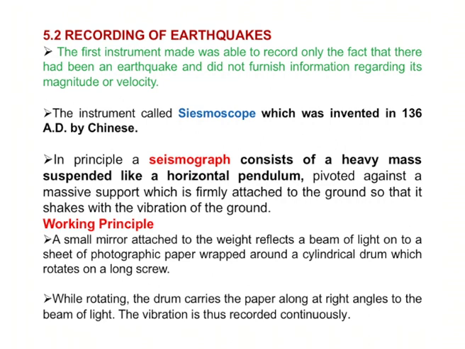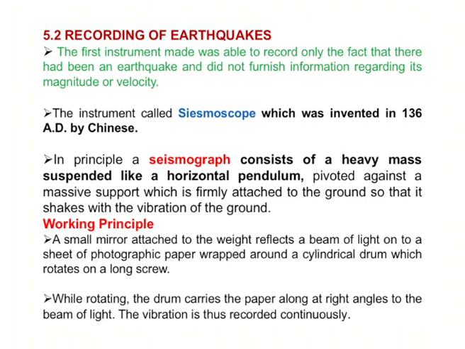How can we record these earthquakes? Yes, we can record them. First, we will use an instrument. The first instrument was able to record only the fact that there had been an earthquake. I mean, it did not furnish further information. Later it also measured the velocity.